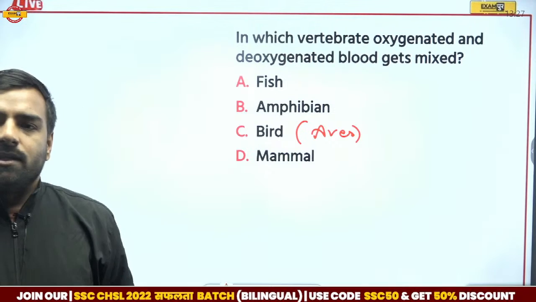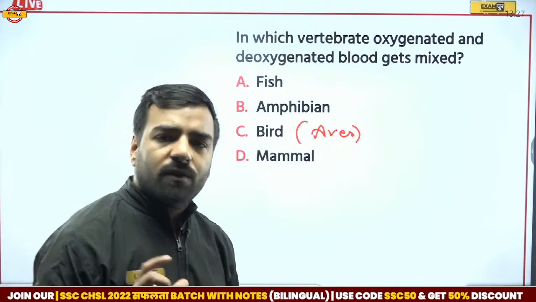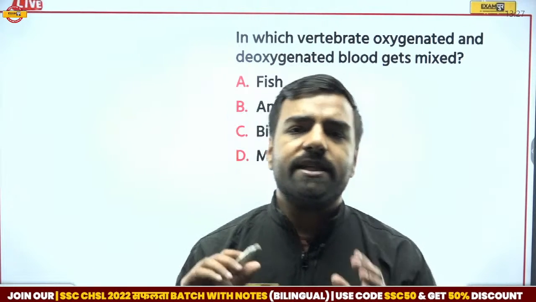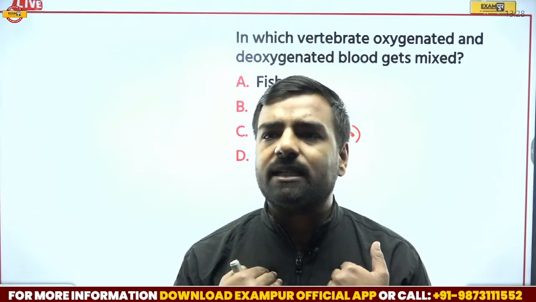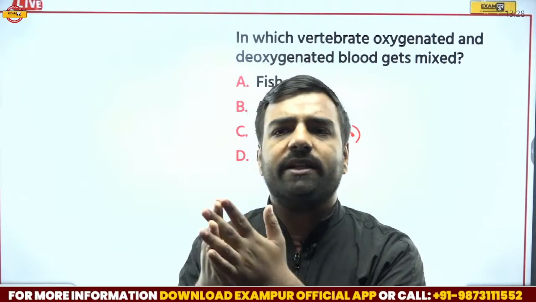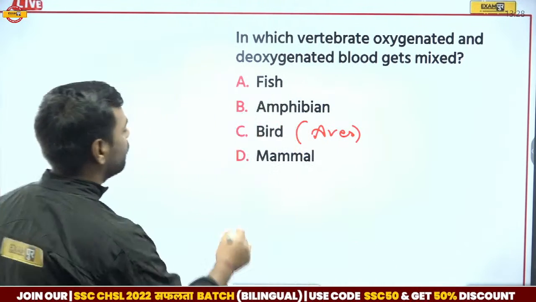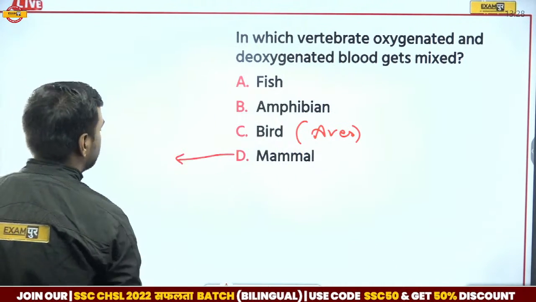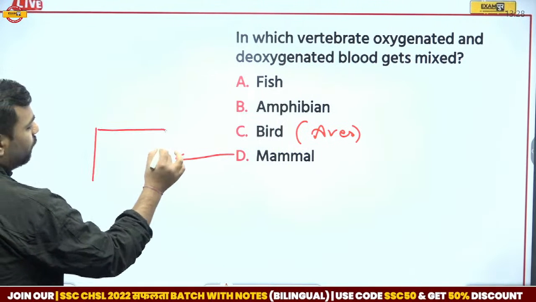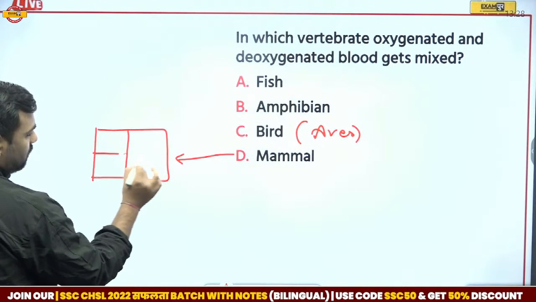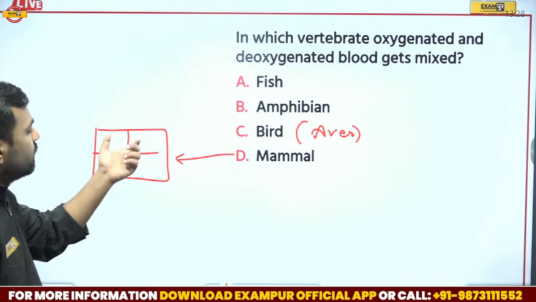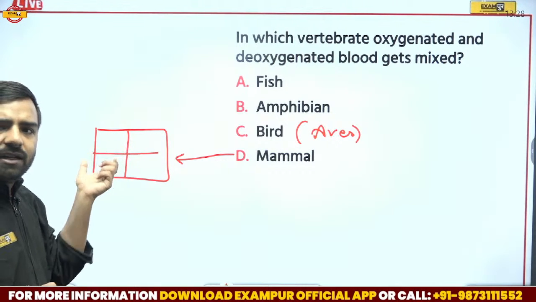Okay. See, Kirti, I have a best example for you. Just think. If I talk about ourselves, whether it is me, whether it is you or it is Jagdishwan, we all are mammals. That is, if I talk about option number D, we all are mammals. And our heart is actually 4-chambered, with right atrium, right ventricle, left atrium.